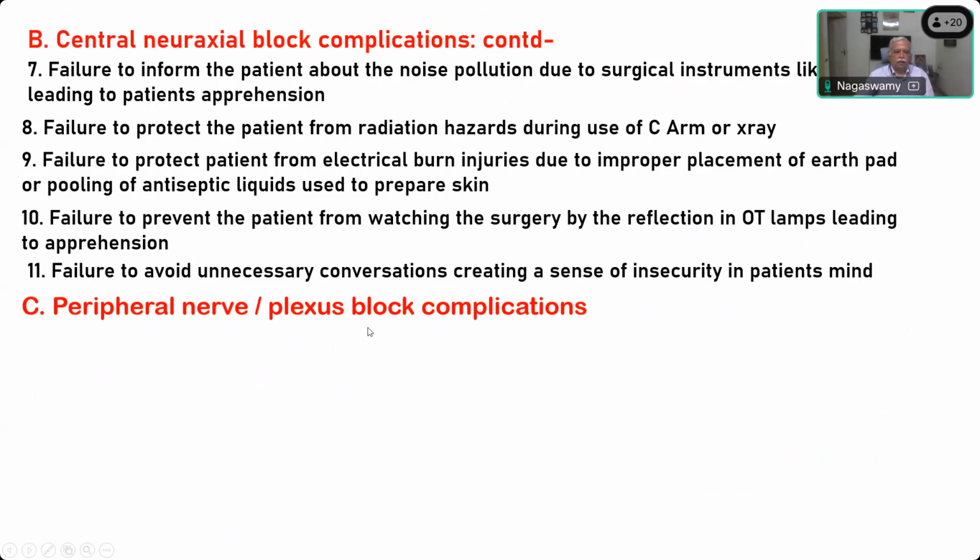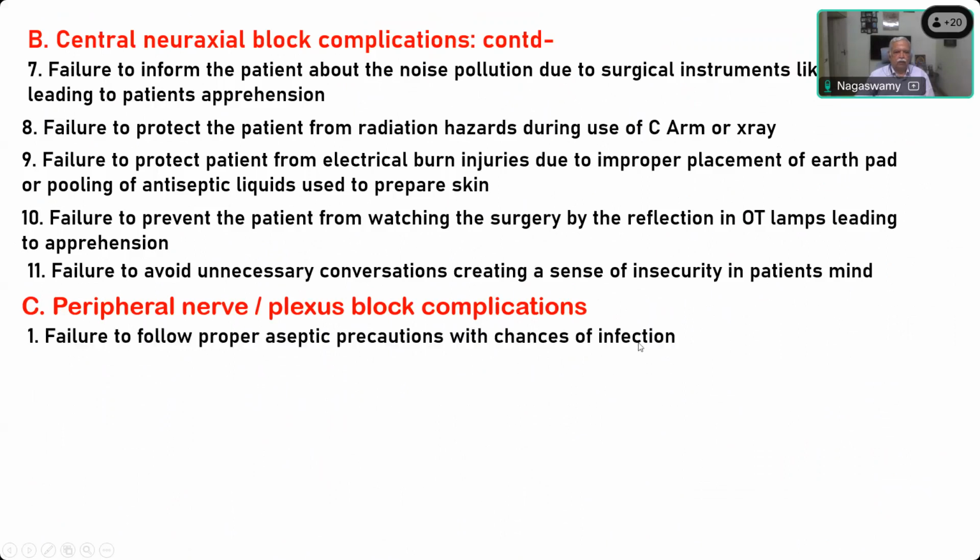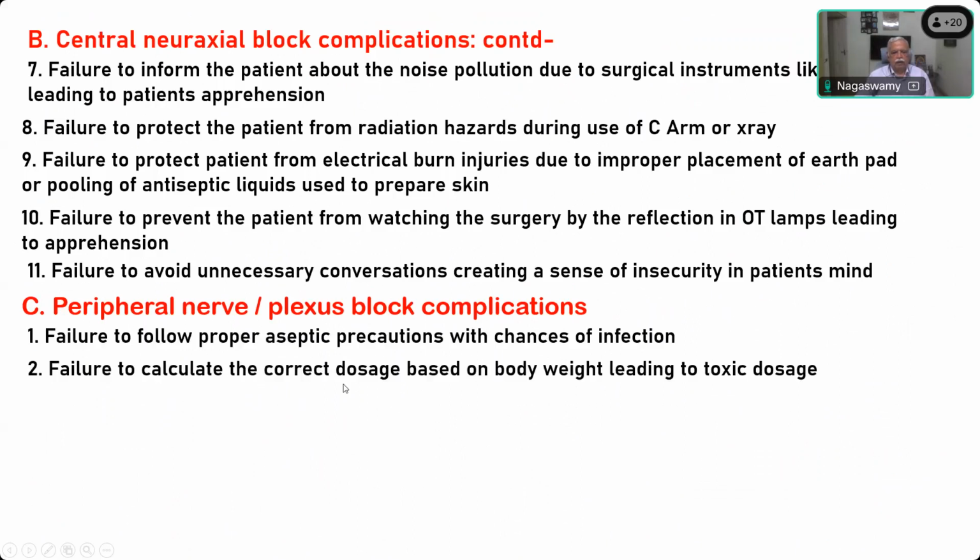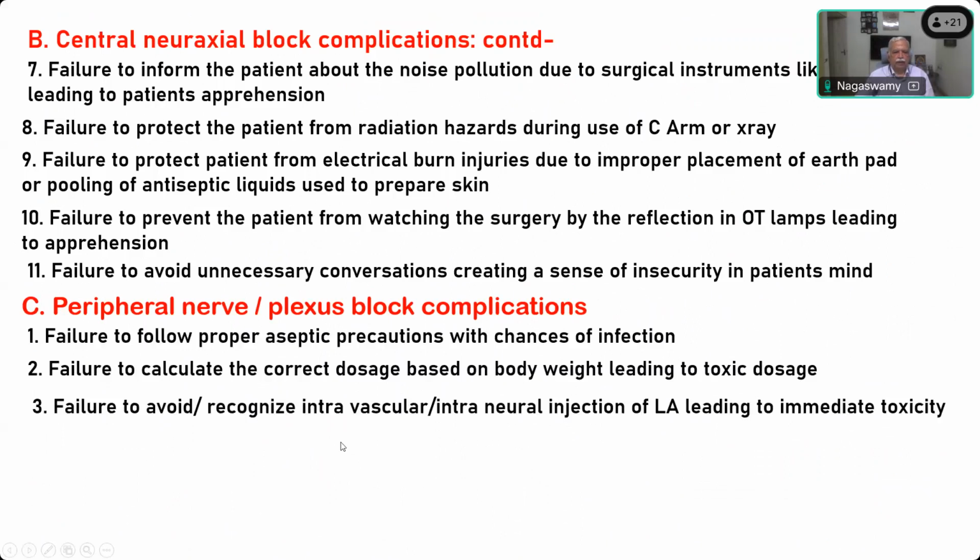And lastly, coming to the peripheral nerve or plexus block: failure to follow proper aseptic precautions, with chances of infection. Failure to calculate the correct dosage based on body weight, leading to toxic dosage or local anesthetic toxicity. Failure to recognize intravascular or intraneural injection, which may lead to toxicity.